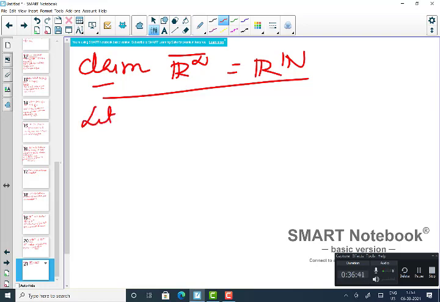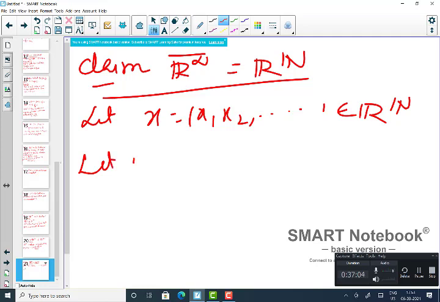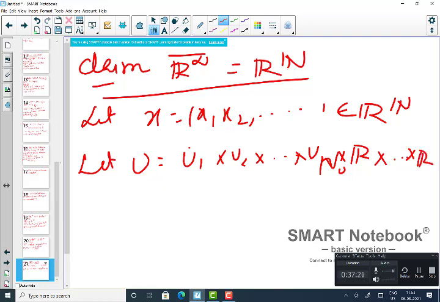So if you choose a point, say x = (x1, x2, ...), something belonging to R^omega, we need to prove this is a limit point of R infinity, meaning whenever you choose open sets containing x, they will intersect R infinity, right? So you have a basic open set of this form, U1, U2, and so on. Maybe let me write down that from some position n naught, after that everything is R, because it is the product topology, right?